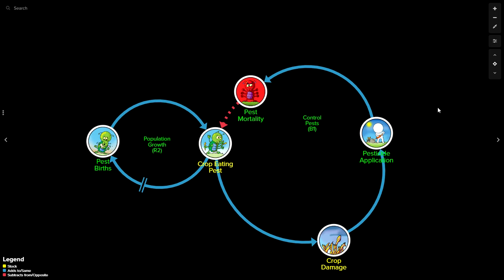Additionally, I've noticed that year after year, I have to apply more pesticides or stronger pesticides to deal with the same crop-eating pests. Continuing to investigate this and asking myself, well, what does pesticide application influence in addition to simply pest mortality?